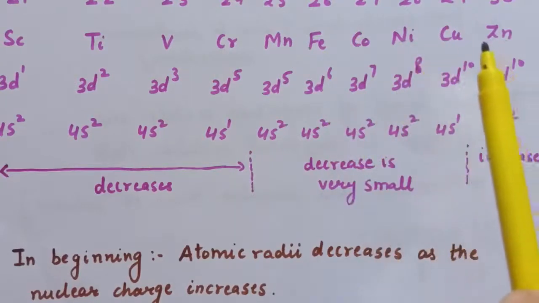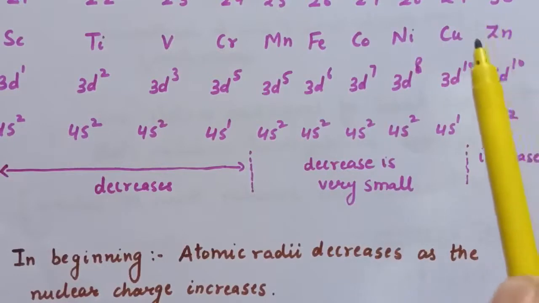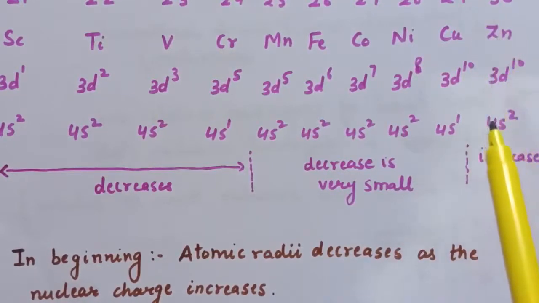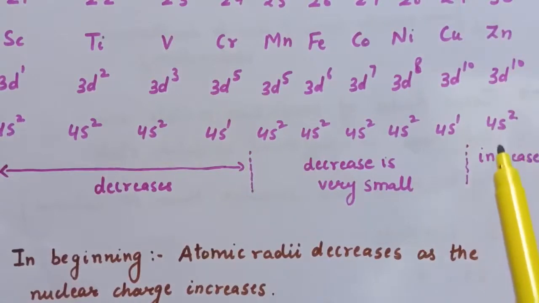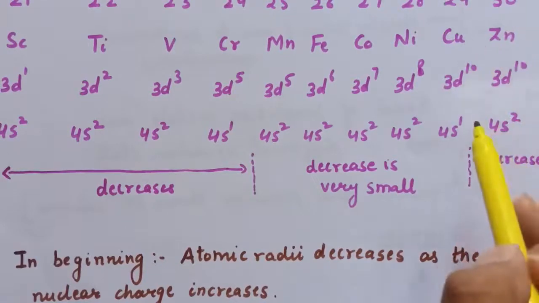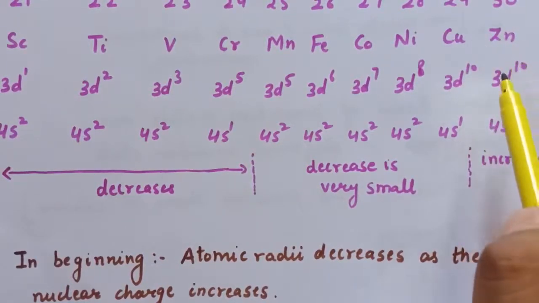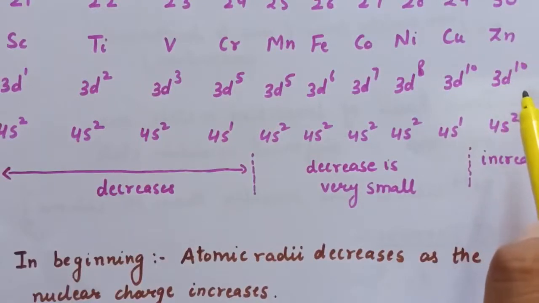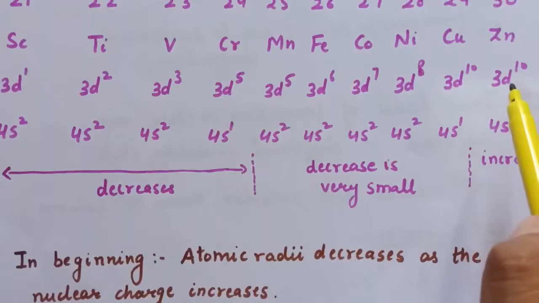And when we move to the end of this series, zinc is the last member of this series, the atomic radius slightly increases, and this can be explained in that at the end of the series, the increased electron-electron repulsion between the added electron in the same orbital is greater than the attractive forces due to the increased nuclear charge.